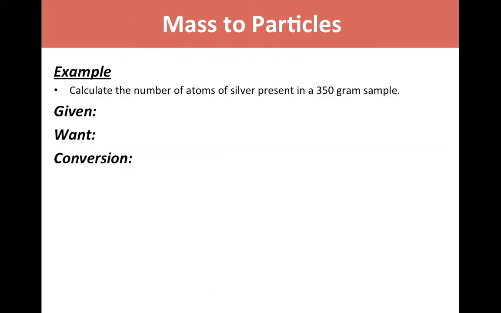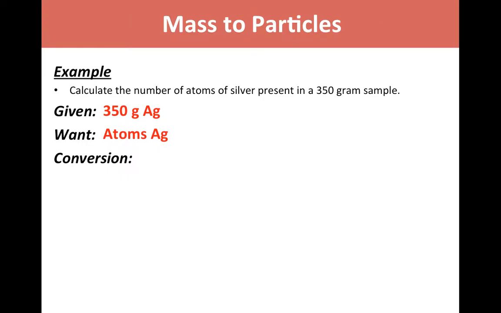So here is a sample problem. Calculate the number of atoms of silver present in a 350 gram sample. So this is my given, 350 grams of silver. I want to know how many atoms of silver that would be.